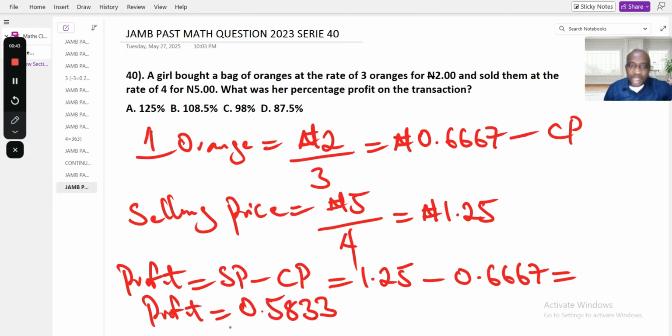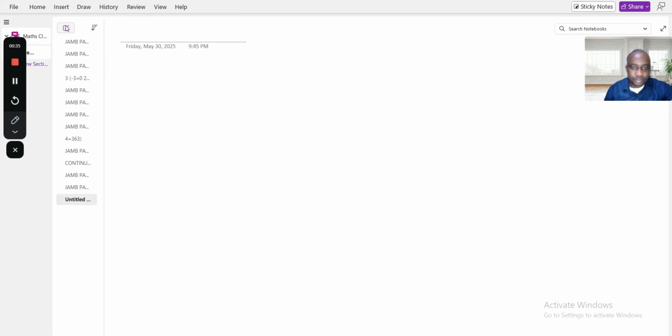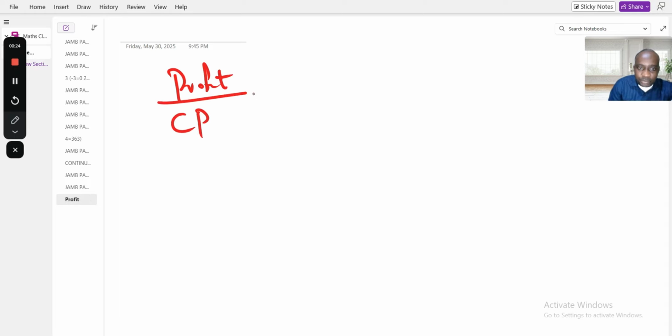Now, how do we calculate the profit percentage? Let me open another page because this page is filled up. Therefore, the formula to know the profit percentage is profit over cost price multiplied by 100 percent. What is our profit?